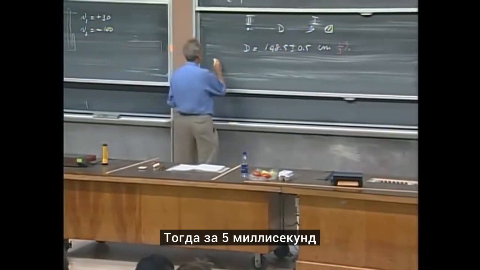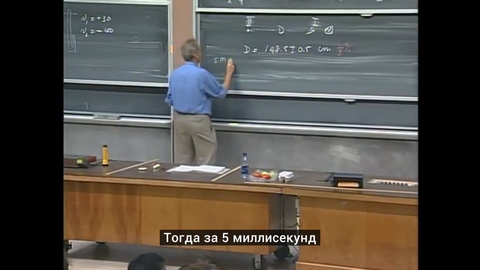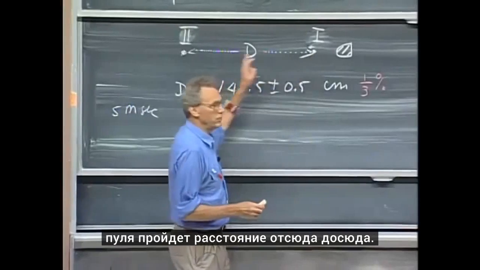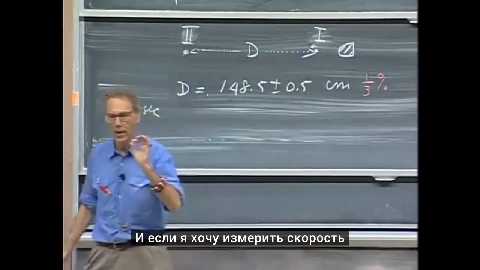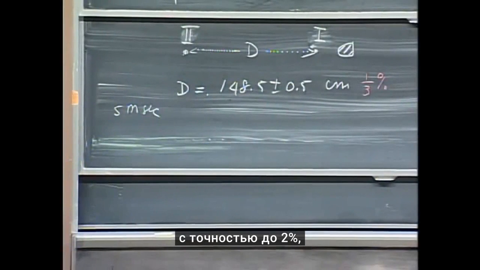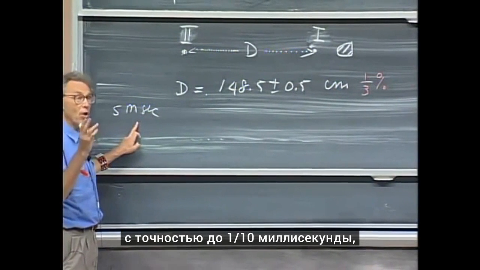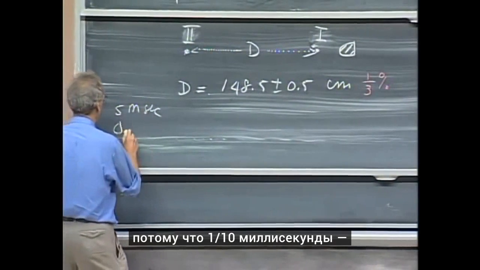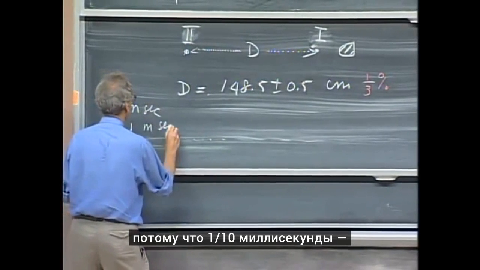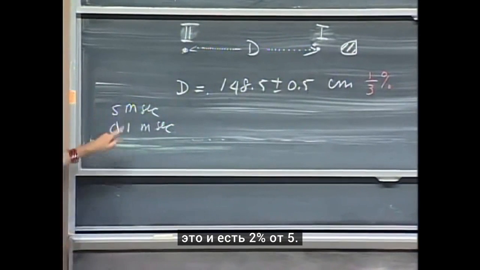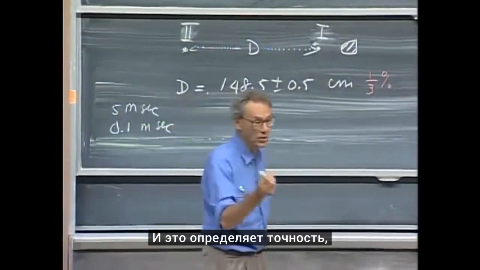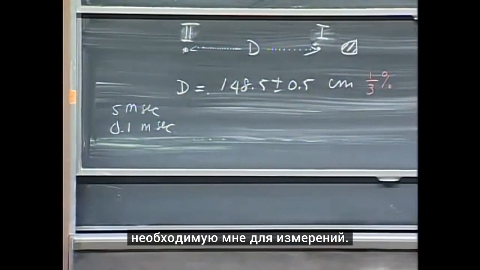Then it would take 5 milliseconds for this bullet to cross from here to here. And if I want to make a measurement to 2% accuracy, I have to know this timing to about 1/10 of a millisecond, because 1/10 of a millisecond is about 2% of 5. So that sets the accuracy that I need for the time measurements.